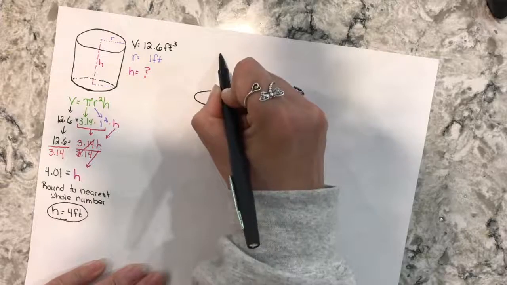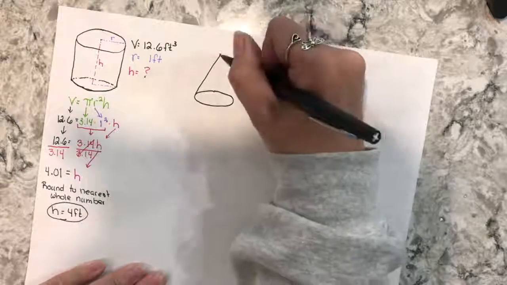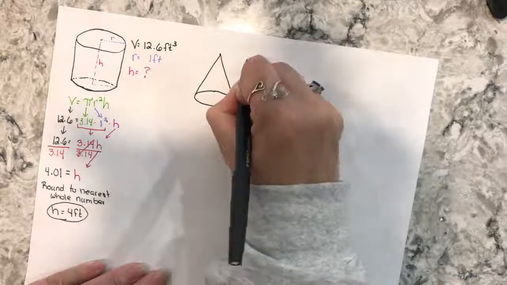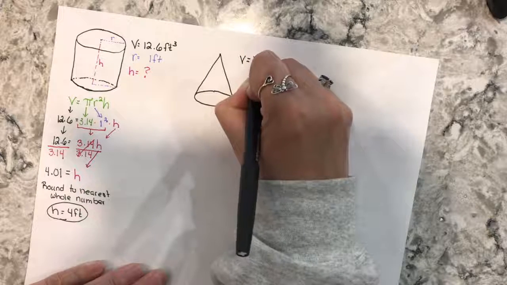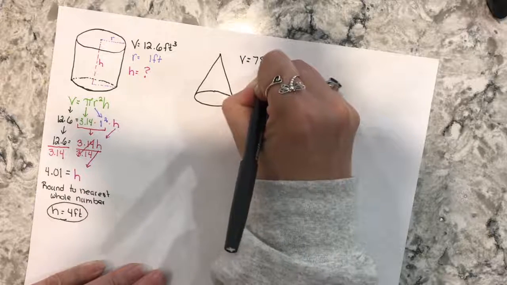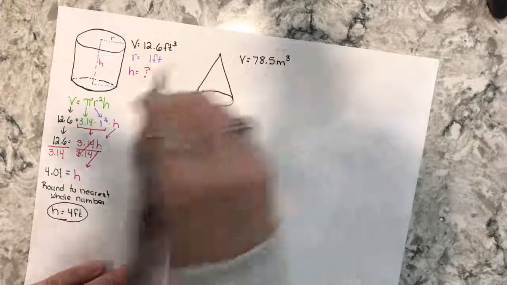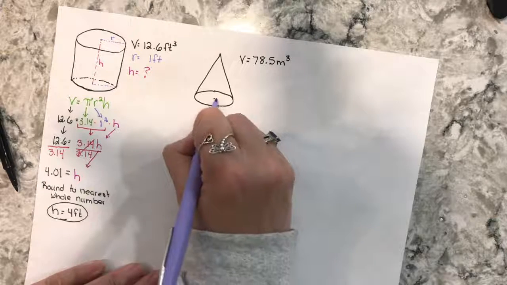So now we'll move on to a cone. And remember, a cone is just 1/3 of a cylinder. And the volume of this cone is going to be 78.5 meters cubed, or cubic meters.